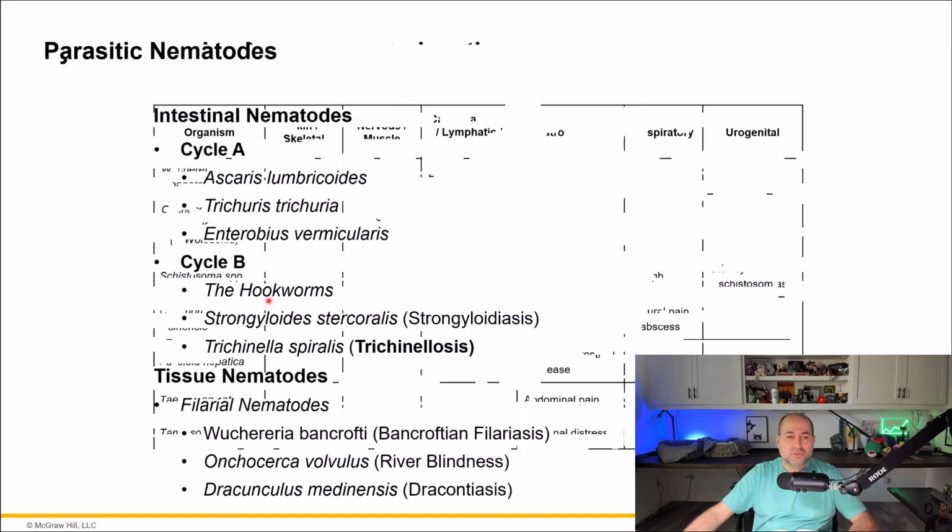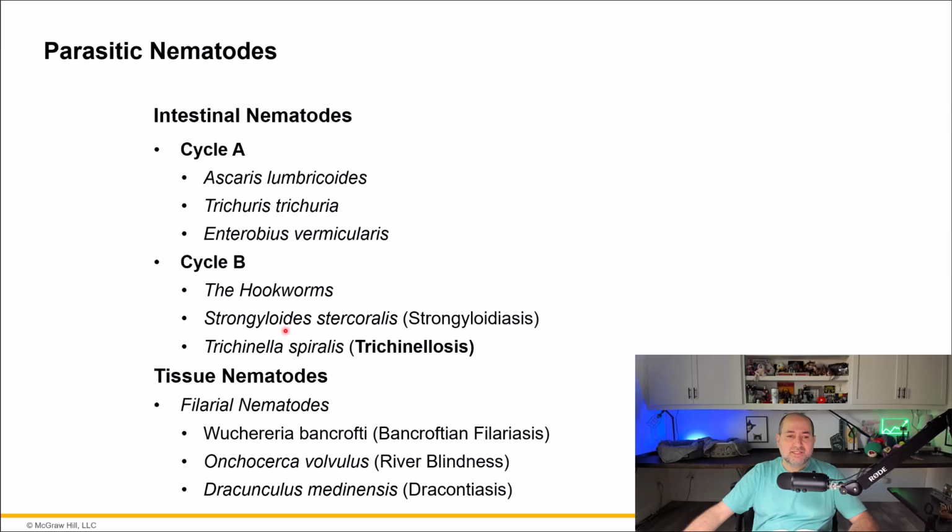This includes hookworms, Strongyloides, and Trichinella spiralis, which causes Trichinellosis. And then remember, there are the tissue nematodes. These are the filarial nematodes, for example, Wuchereria bancrofti, which causes bancroftian filariasis.